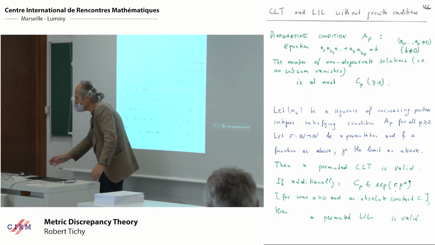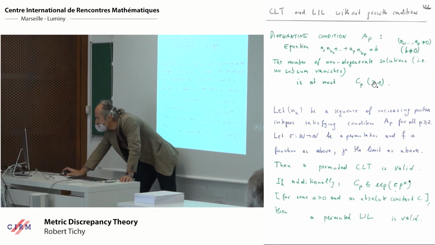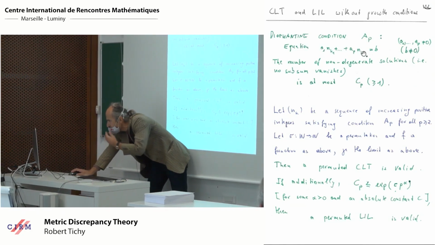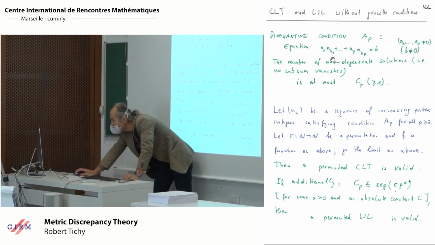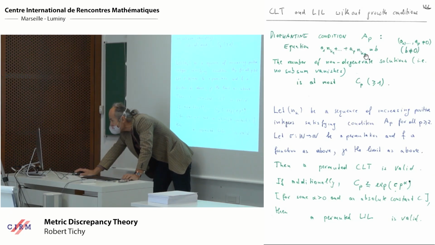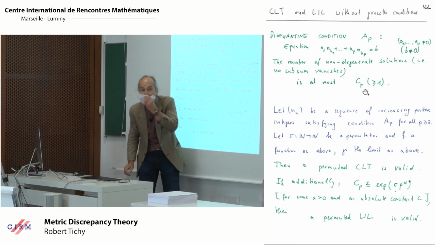And here we have to assume more general Diophantine equations. You see, this is a Diophantine equation of length p. p is a non-zero constant, and we need the information that the number of non-degenerate solutions of that equation is at most some constant C_p.